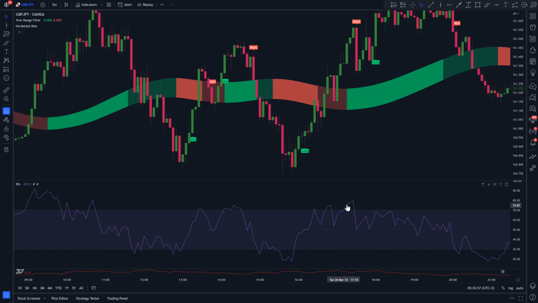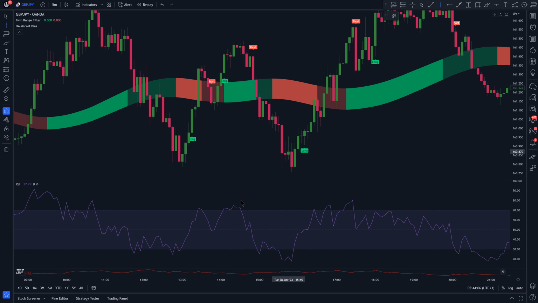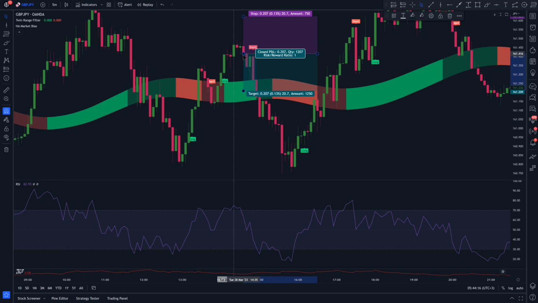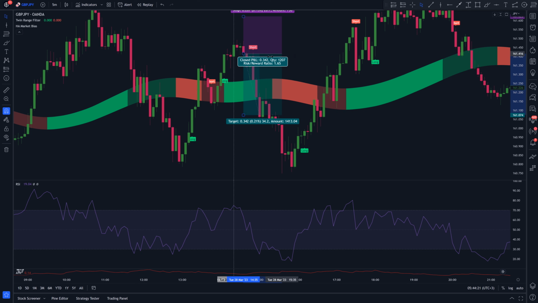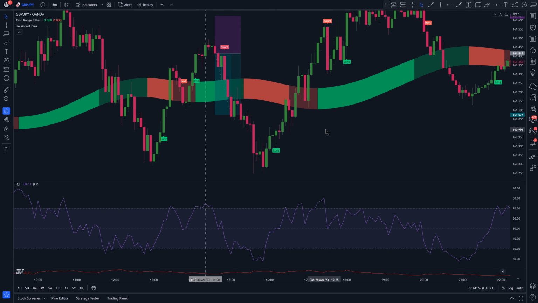This purple line is the RSI line. When the RSI line crosses above the 70 level, that indicates an overbought market, so we're going to be looking to take only short trades. Conversely, when the RSI line crosses below the 30 level, that indicates an oversold market, so we're going to be looking to take only long trades.